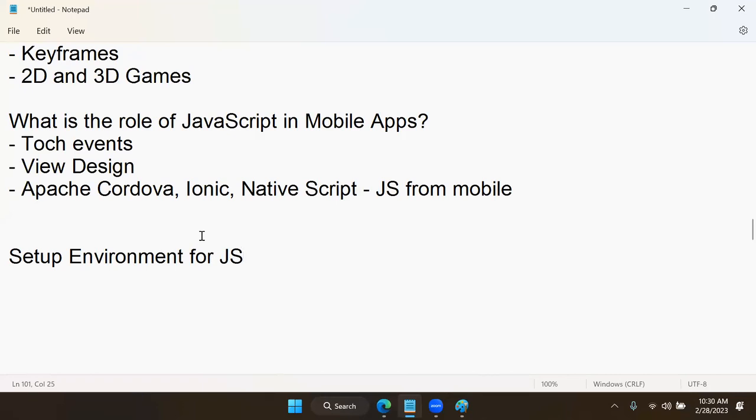Compilers like Babel and others, how to create a project with JavaScript and how to start working with it. These practical points we have to see now. We'll see that in the next session, tomorrow. In tomorrow's session, we will start practically working on JavaScript. How to install, what to install, and how to set up the environment, all these things we will discuss.